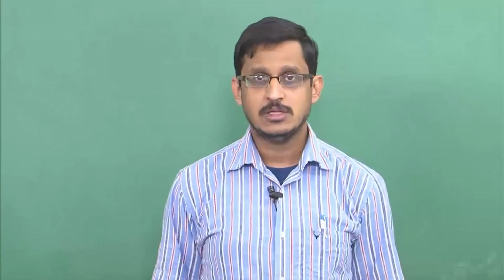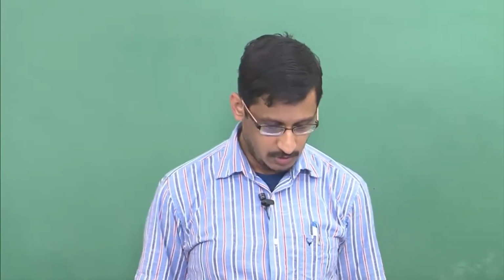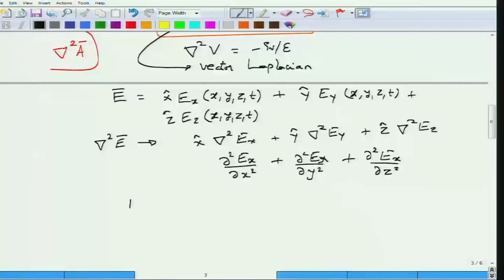In view of whatever I told you just now, we will assume that the electric field is a function of the variable r, but in terms of its time dependence it would be a function of e to the power j omega t.